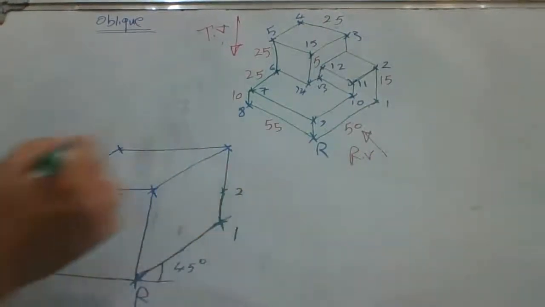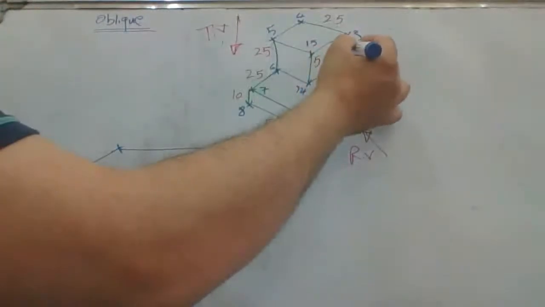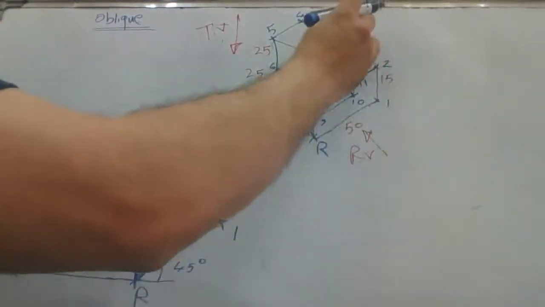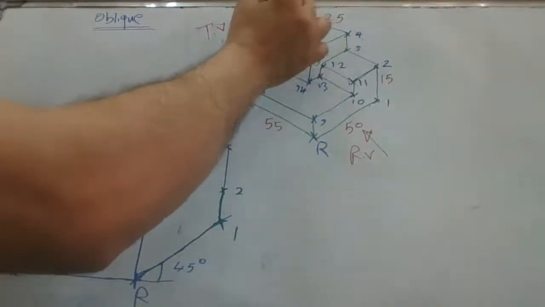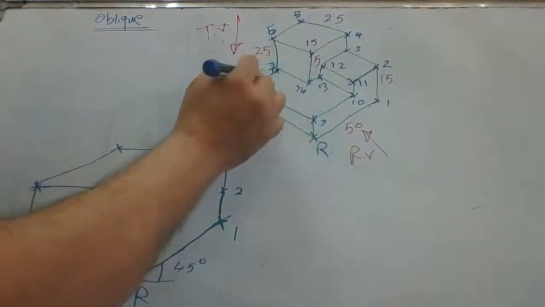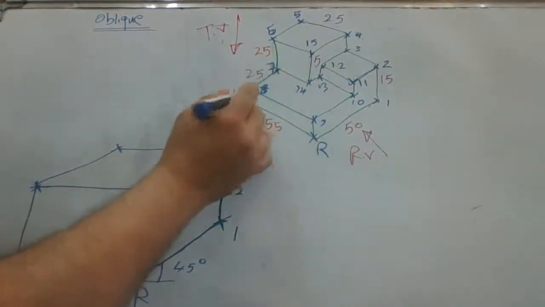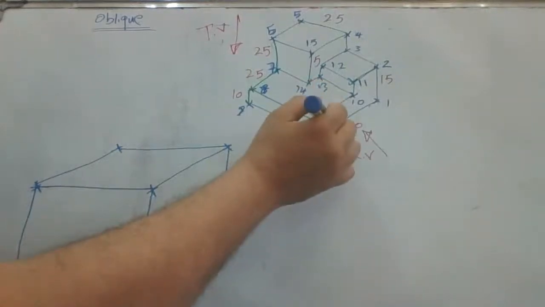This is 2. 2, 3 here. I think I missed a point here. Here 3, here 4, 5, 6, 7, 8, and 9. This is 10.